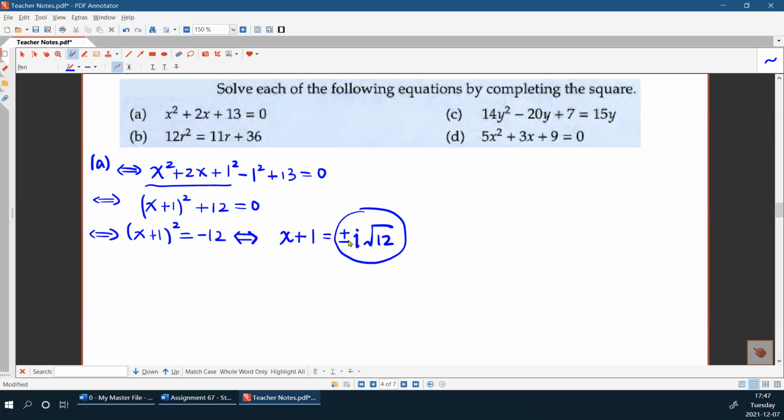Because positive or negative i times square root of 12, if you square it, you will get negative 12. Okay, that means x is negative 1, positive or negative 2i square root of 3. Any questions?